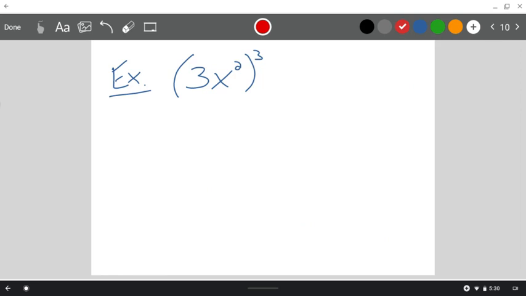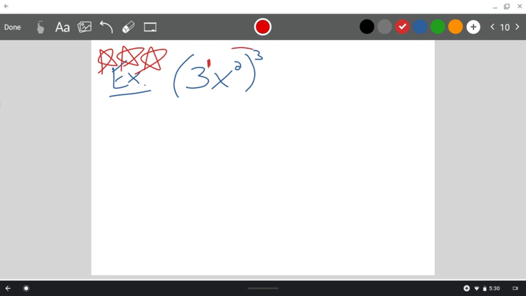Okay, now this is a place where people make mistakes a lot. Be really careful about this one. You are multiplying exponents. You're not multiplying exponents with big numbers, with coefficients. The 3 in front of the x squared has an exponent of 1.